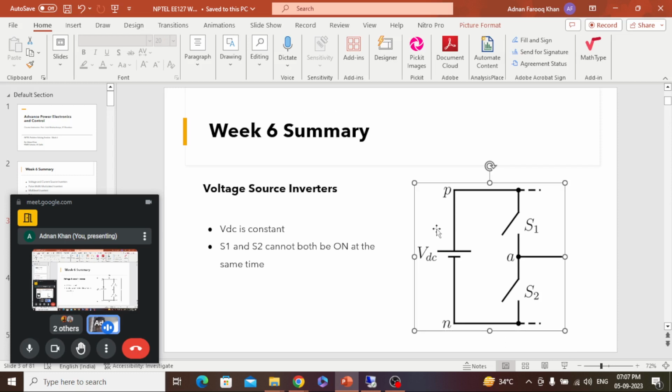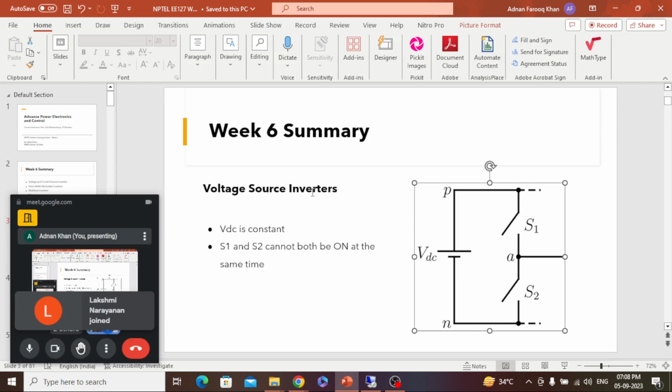The different types of inverters discussed this week were voltage source inverters and current source inverters, then PWM inverters and subsequently multi-level and Z source inverters. Firstly we'll start with the voltage source inverter, which is the most widely used.